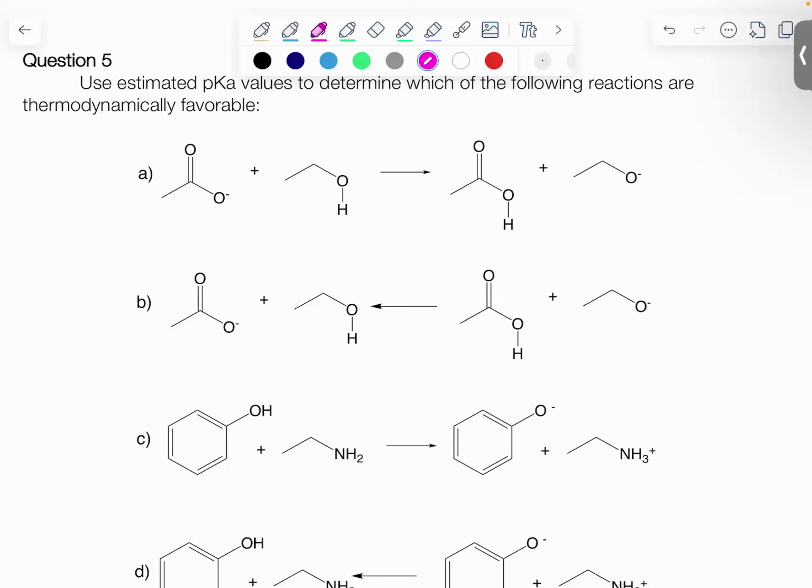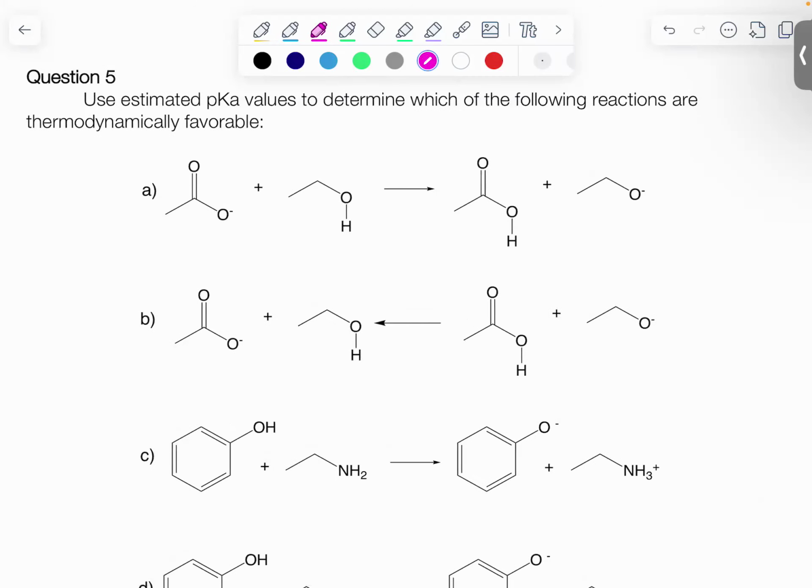Use estimated pKa values to determine which of the following reactions are thermodynamically favorable. What is the first step with this kind of question? Identify your functional groups and find their pKa's.